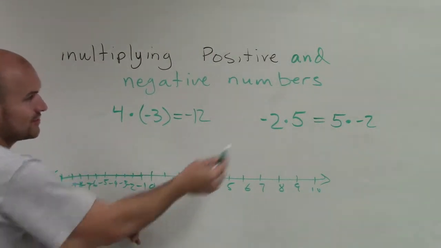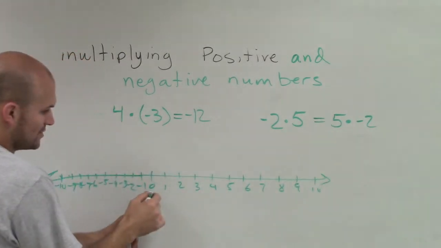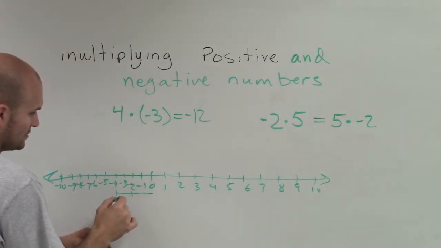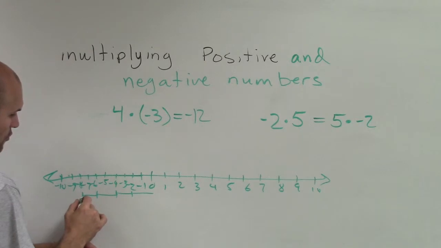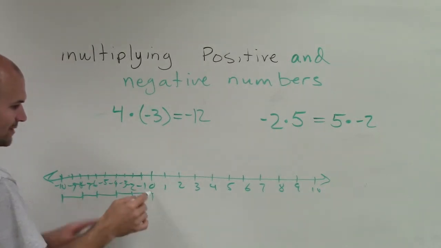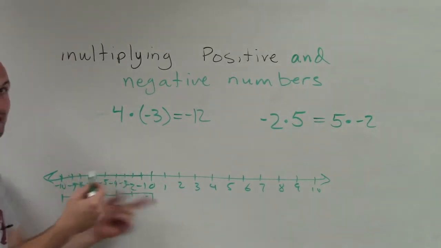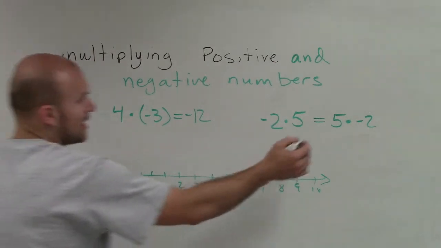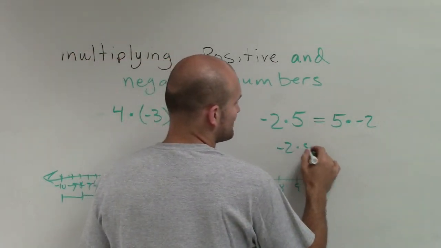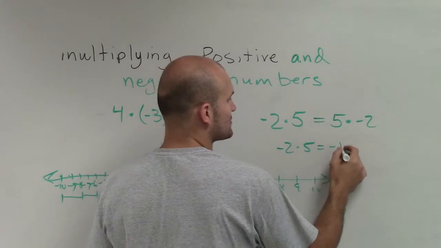So now what I'm saying is 5 sets of -2. Well, that's 1 set, 2, 3, 4, 5. So each one of these distances is -2. I did 5 positive sets of them, and therefore -2 times 5 equals -10.